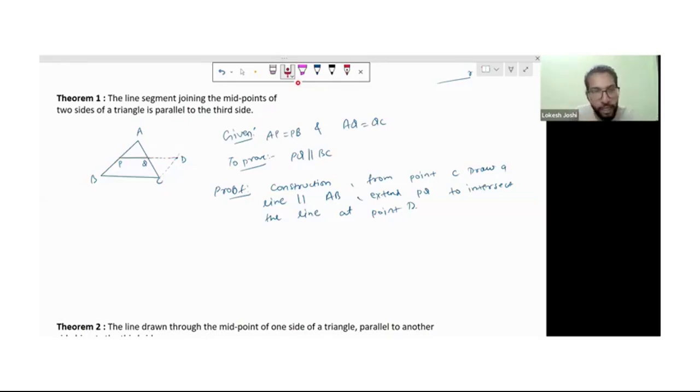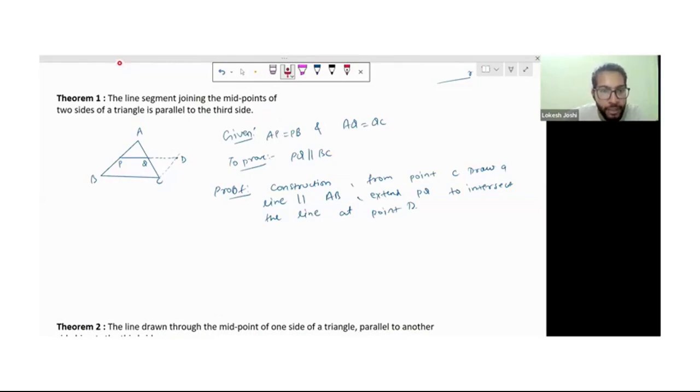Now our main task is to prove that this is a parallelogram. If we do that, then PQ is parallel to BC. Now, to prove this, we should have one pair of opposite sides equal and parallel to each other. If we can do such things, then it's very easy for us.